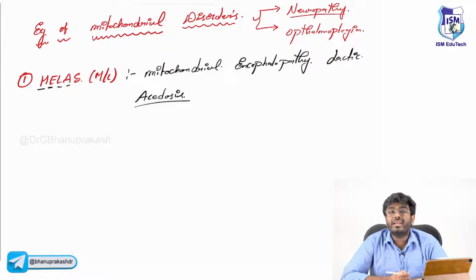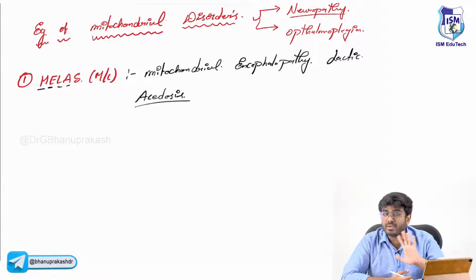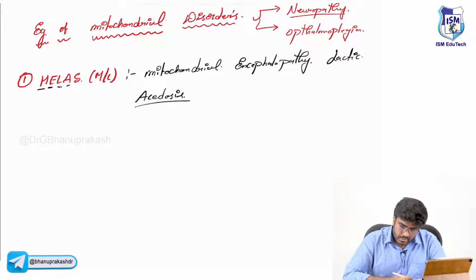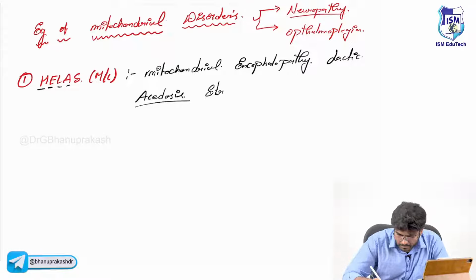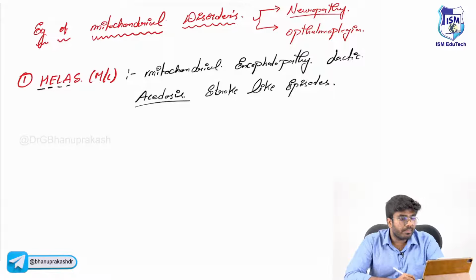Normal aerobic respiration is not going to be possible because the mitochondria are affected, so ATP is not synthesized and there is an anaerobic way of glycolysis. Hence lactic acidosis. So this is the full form of MELAS.